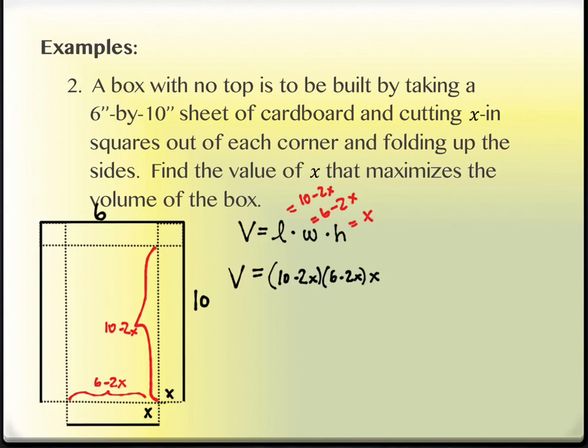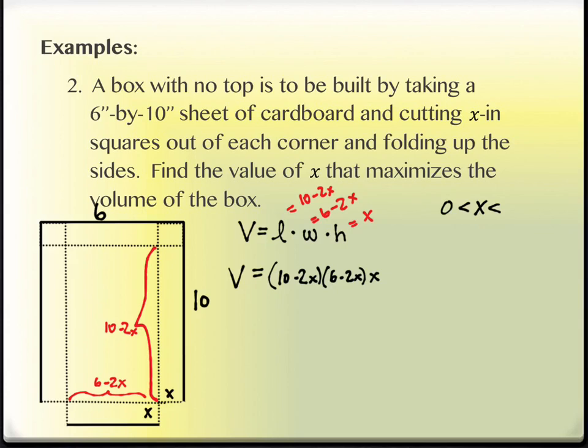I need to look at the upper and lower ends of this. x is my variable. What's the smallest and largest x can be in the context of this problem? Start with the smallest. 0. It's got to be bigger than 0 or there's no volume. If I don't have more than 0, I didn't make a box. It's still just a sheet of paper. What's the biggest it could be? 6? Smaller. 5? 4? 3.